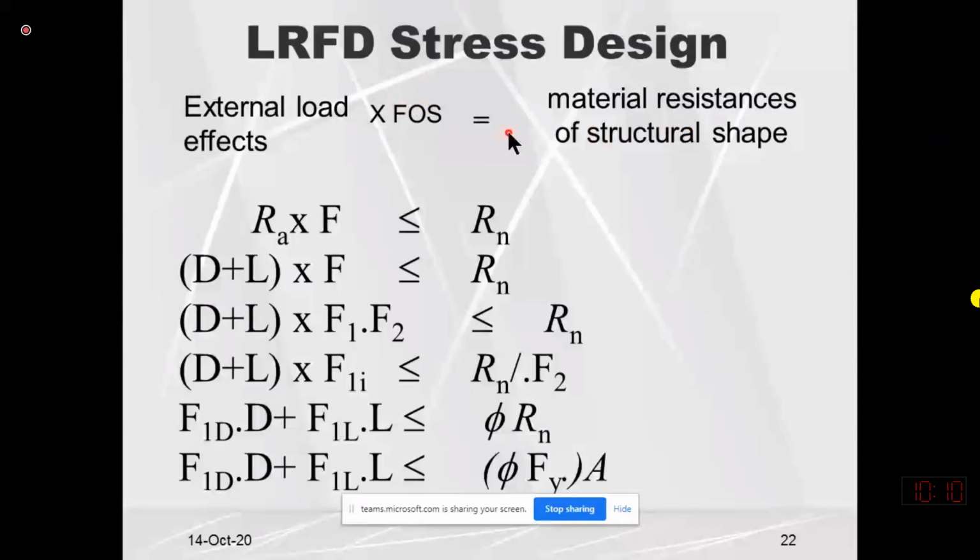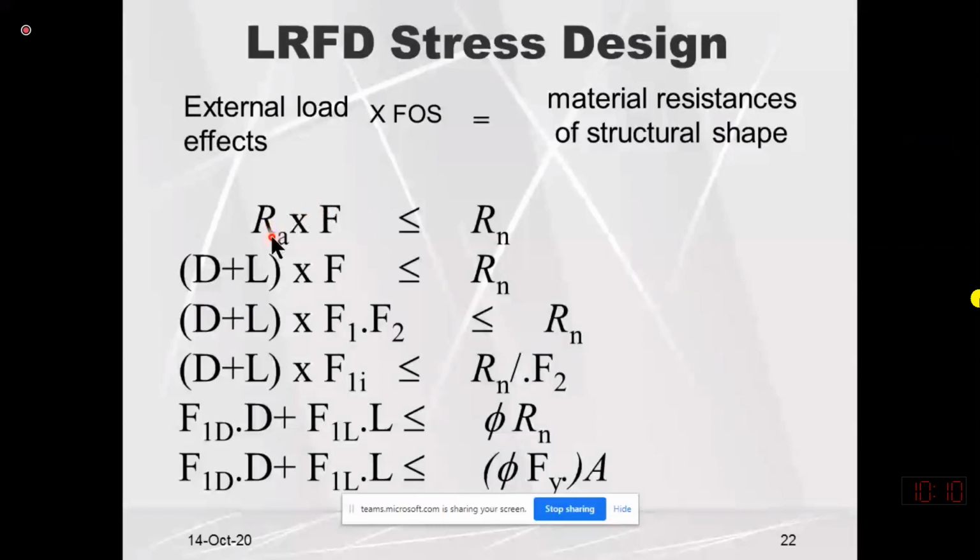The factor of safety value is 1.67 in both design methods, either ASD or LRFD. In LRFD, if I write this equation in arithmetic form, we represent the external load effect with a general constant Ra, and the resistance of the structure is represented by Rn.